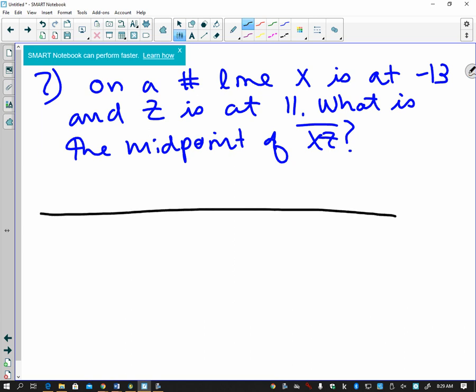Okay, I got a line. What, 0? How far to the left am I going to count? 1, 2, 3, 4, 5, 6, 7, 8, 9, 10, 11, 12, 13. How far to the right? 1, 2, 3, 4, 5, 6, 7, 8, 9, 10, 11. Okay, so you got a point here. You got a point there. Now what?